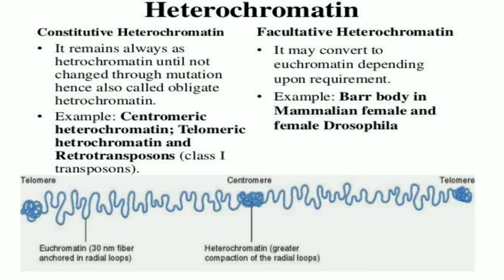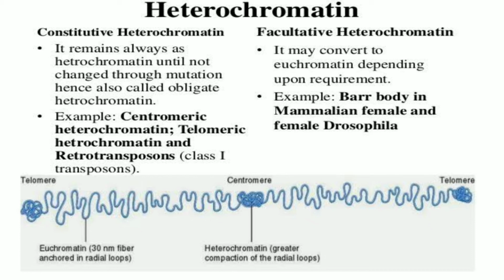The amount of facultative heterochromatin varies widely in different cell types and depends upon the stage of differentiation. For example, it is less in amount in embryonic or undifferentiated cells, while more in amount in highly specialized cells. It forms about 2.5% of the genome.